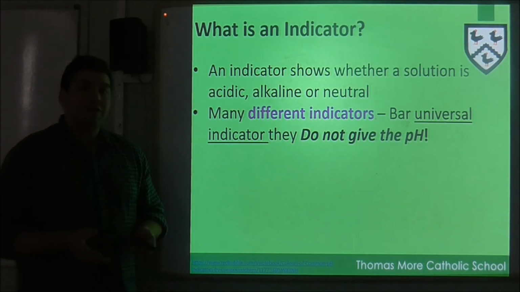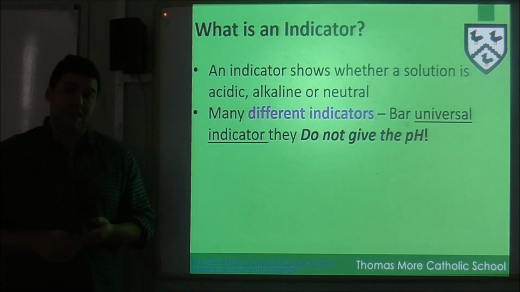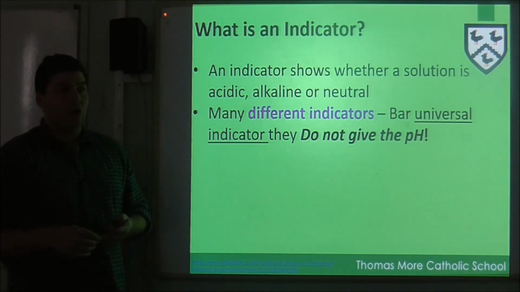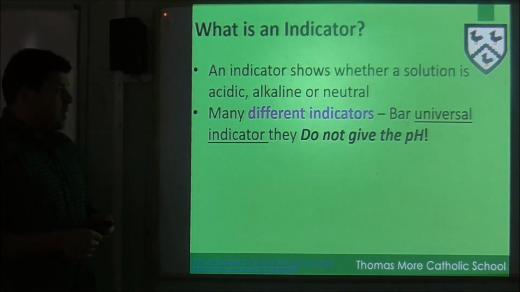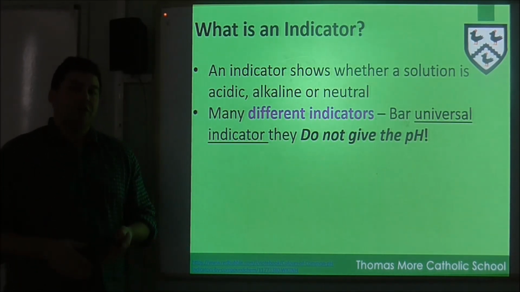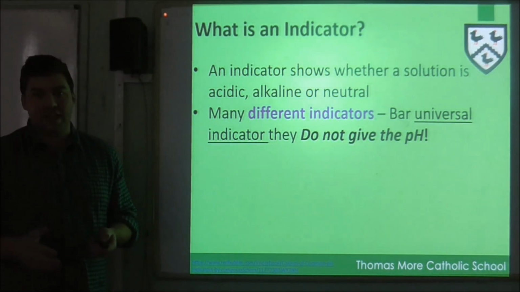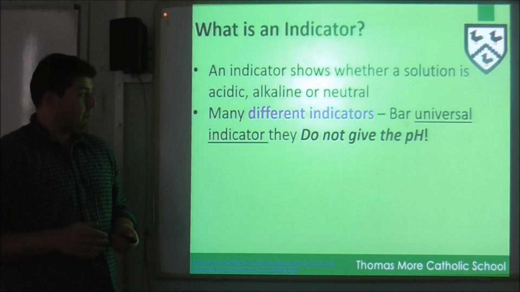There are many different indicators, and a lot of household foods can be used as indicators, including turmeric or red cabbage. Bar universal indicator, they do not give you the pH. So do not mix up indicators with pH. Very common mistake and completely wrong.